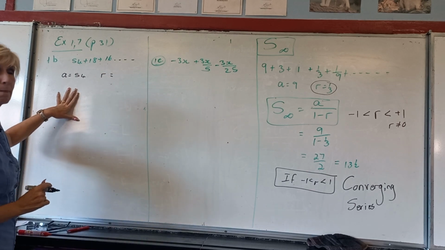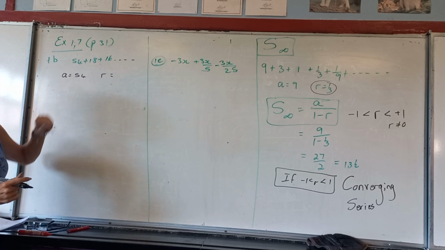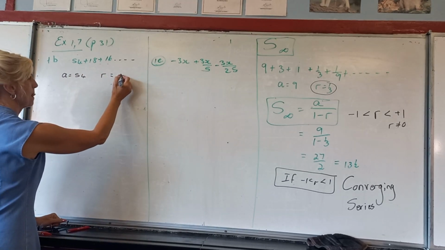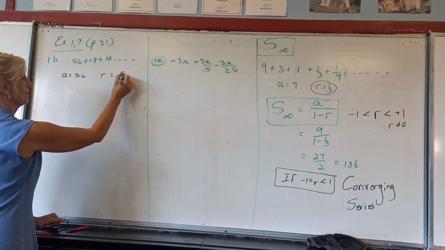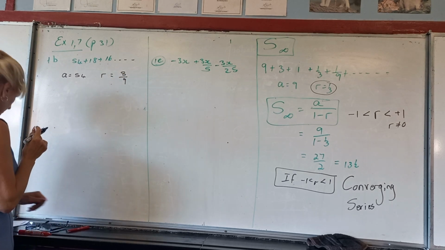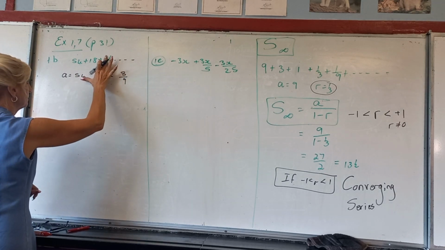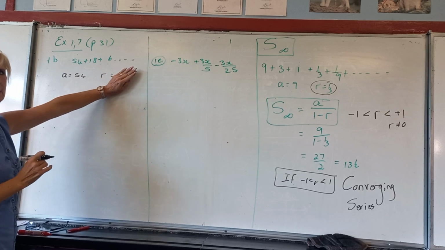Please check. 18 divided by 54 is? 16 divided by 18 is? Did I write it down correctly? Oh, 6, I'm sorry. I took the easier way.